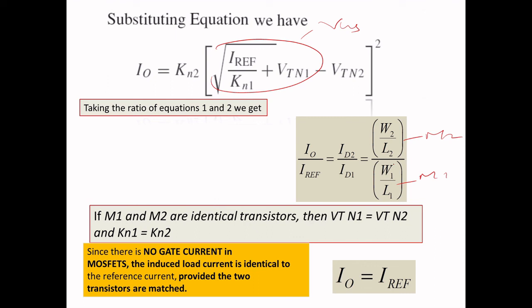Now in the second assumption I am making this also the same, so both will get cancelled, so I0 is equal to IREF. Since both are identical transistors, I have considered threshold voltage VTN1 equal to VTN2 and Kn1 equal to Kn2. With that it was written like that. In the second assumption I am keeping the W by L ratio also constant, so I0 is equal to IREF.